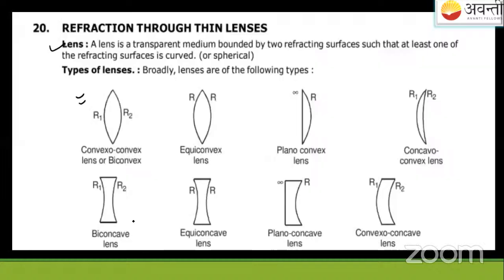Be focused here. Write the heading of the lens in your notebooks. What is this lens thing?